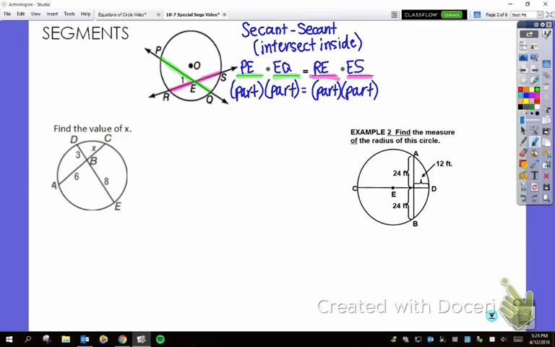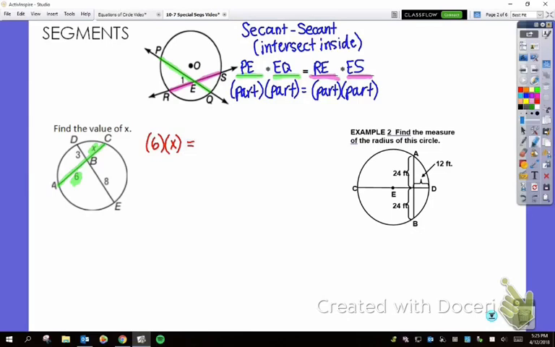One of the segments on this first example is from A to C. Our first part is from A to B, which is the 6. Our second part is from B to C, which is X. So we're going to have 6 times X equals.